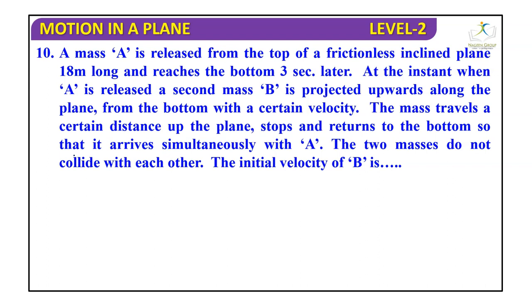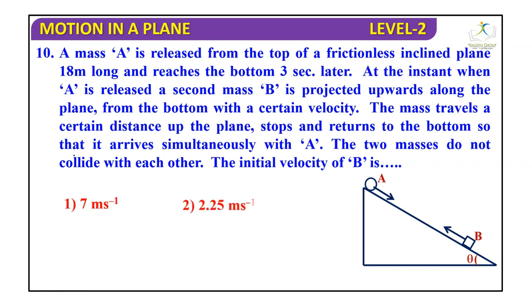The mass travels a certain distance up the plane, stops and returns to the bottom, so that it arrives simultaneously with A. The two masses do not collide with each other. The initial velocity of B is: 7 meter per second, 2.25 meter per second, 6 meter per second, or 3 meter per second.